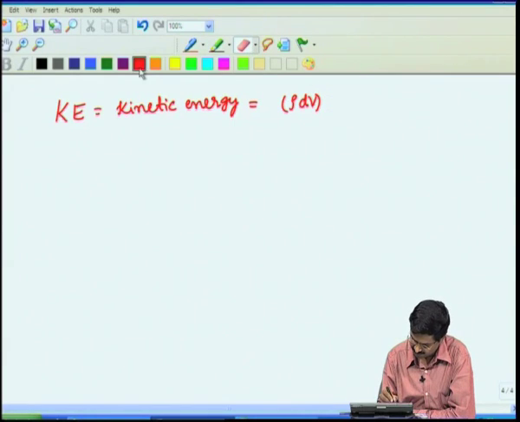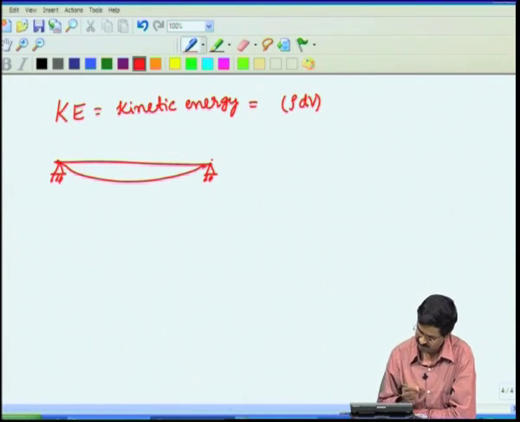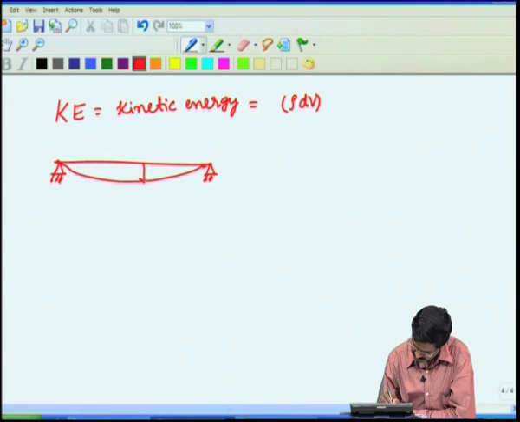Okay, if I go back to the beam, we have this beam which is hinged here and here. Now, when it starts vibrating that way, this way, whichever way it wants to vibrate, let us denote this as W of x, where x equal to 0 here, x equal to L here.